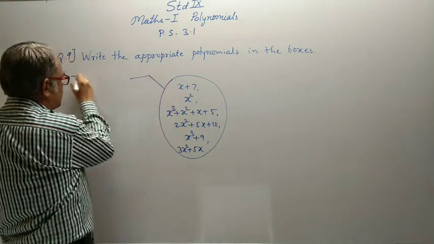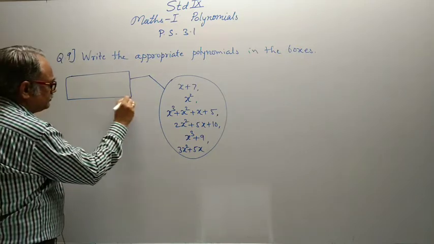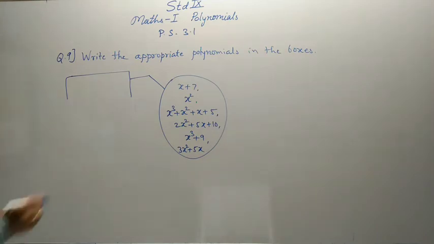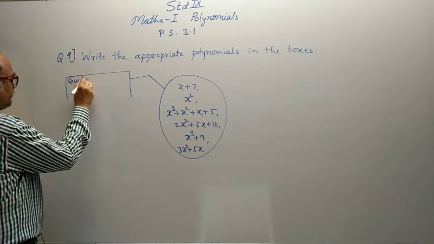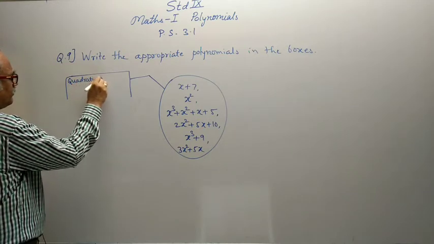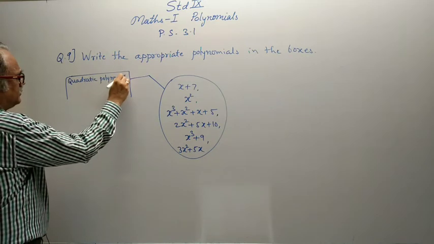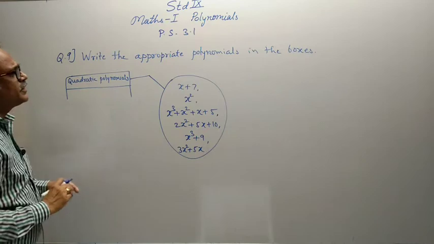First here we have to write a box containing quadratic polynomials. Which are the quadratic polynomials, that we have to decide first.